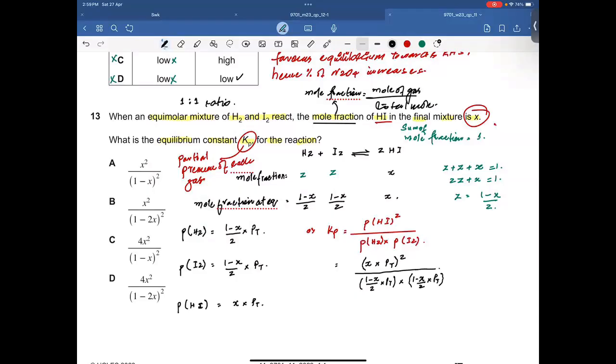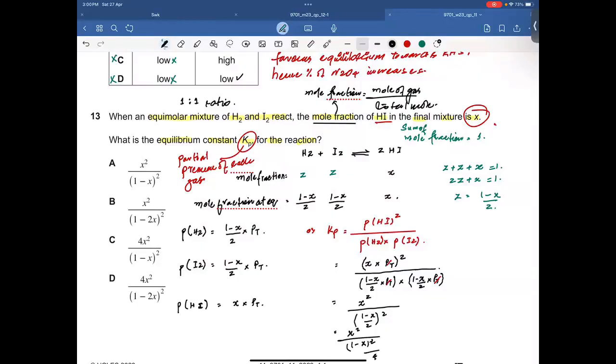All right. So PT is cancelling out with each other. So it's going to be x square upon 1 minus x upon 2 square. So it's going to be x square upon 1 minus x whole square over 4.